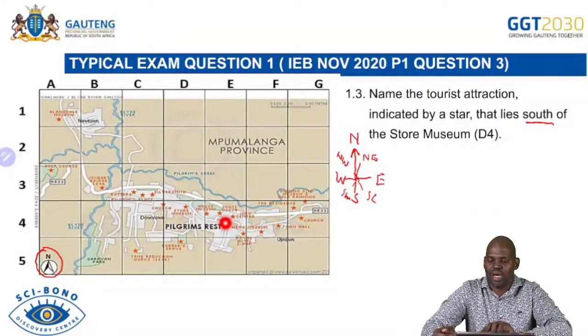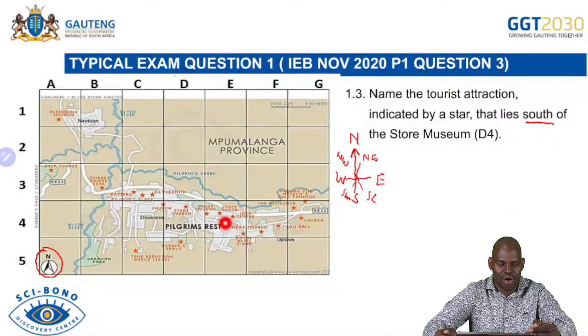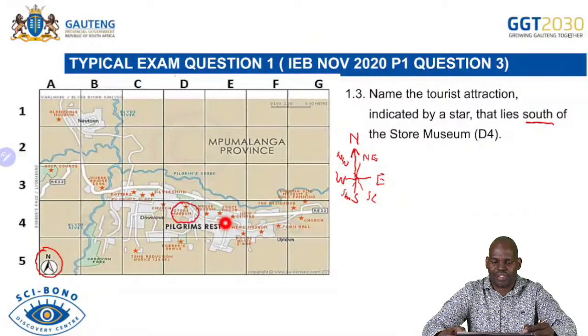The question says, that lies south of the Stowe Museum. The Stowe Museum is in D4. So let's look at D4. There's the D4. But they say it lies south. So south is here by the star, indicated by the star.